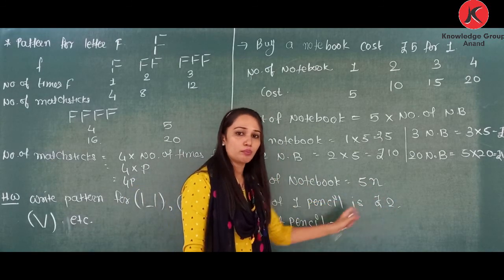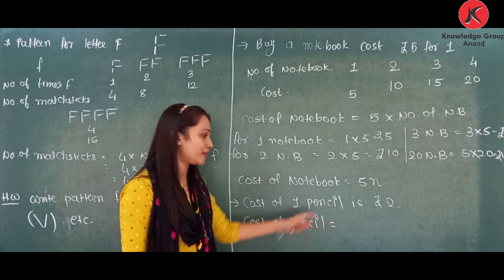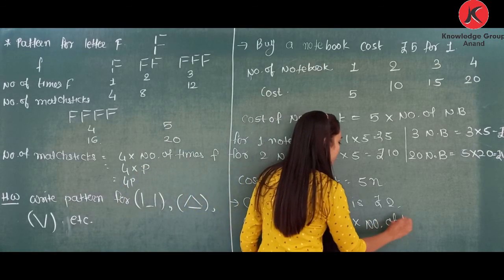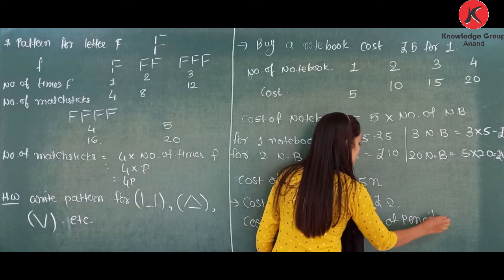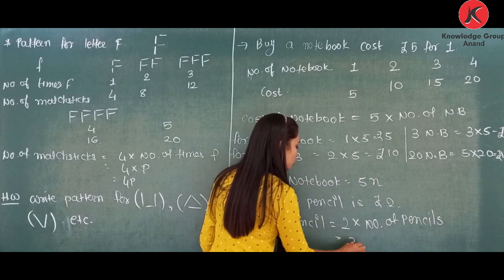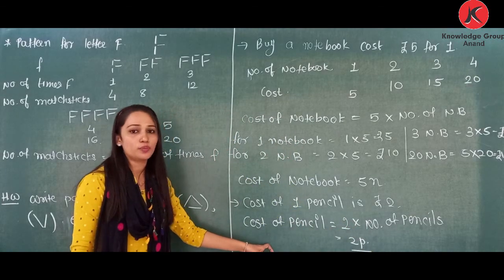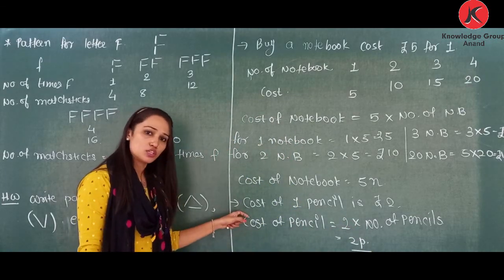Means whatever number of pencils, we need to multiply with 2. So 2 multiply the number of pencils. So we can write 2n. That is the general rule, or we can say the algebraic expression for this situation.